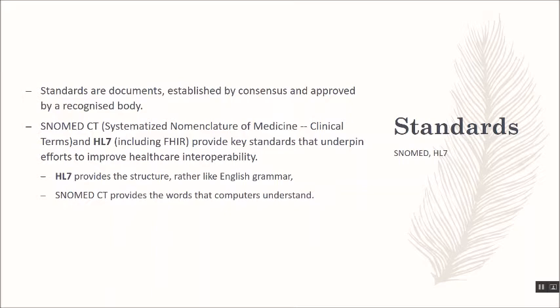Standards like SNOMED-CT, the Systematized Nomenclature of Medicine Clinical Terms, and HL7, Health Level 7, including FHIR resources, provide key standards that underpin efforts to improve healthcare interoperability. HL7 provides the structure, rather like English grammar, while SNOMED-CT provides the words that computers understand, like the vocabulary.